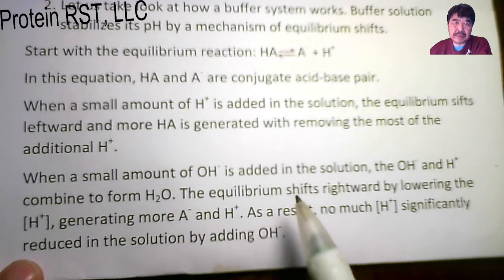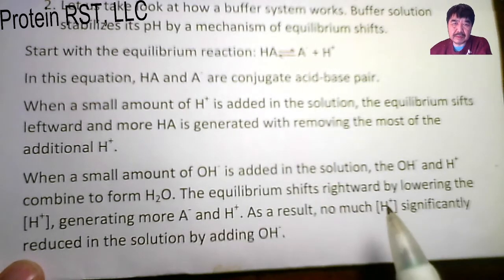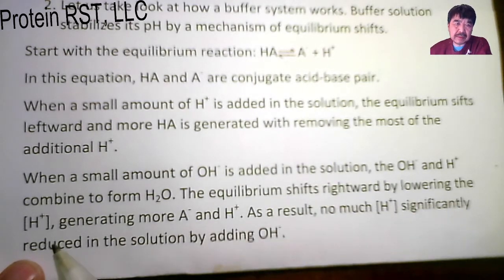The equilibrium shifts rightward, this direction, by lowering the proton concentration, generating more A minus, the acid radical, and proton. As a result, the proton concentration is not significantly reduced in the solution by adding hydroxide.